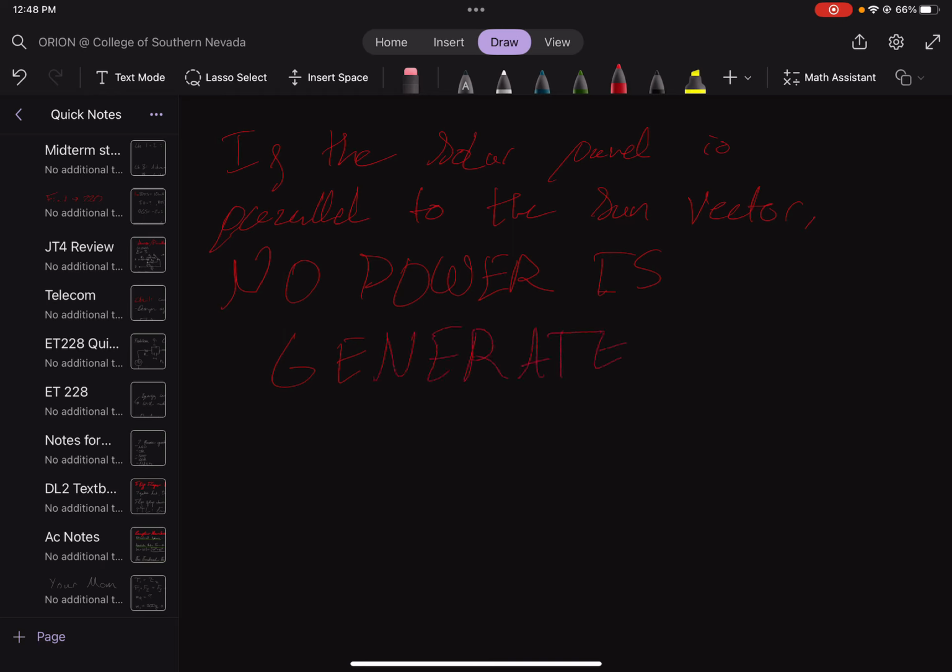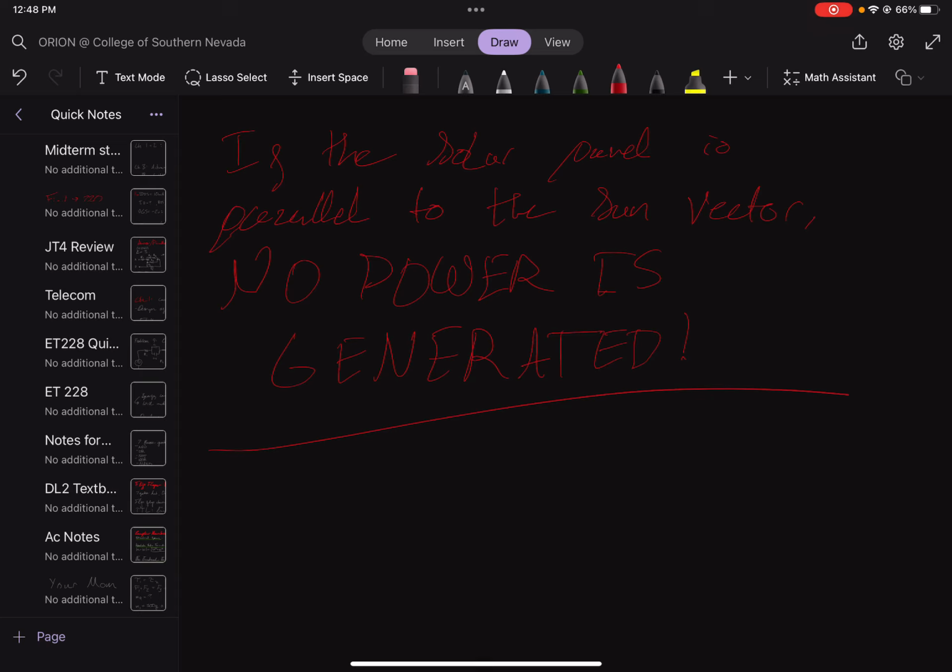So now we know that if the solar panel is parallel to the vector, no power is generated. There we go.